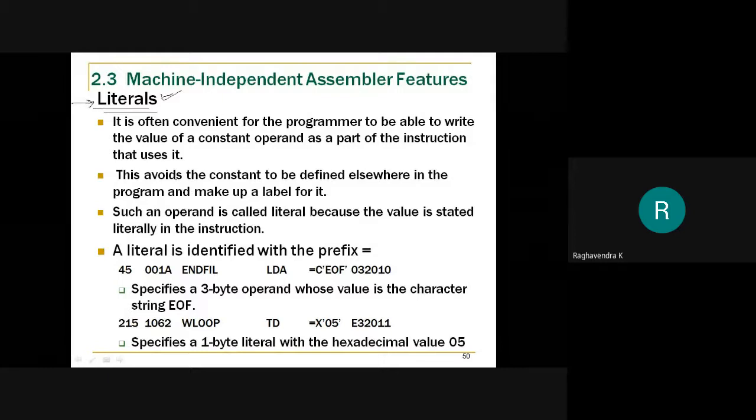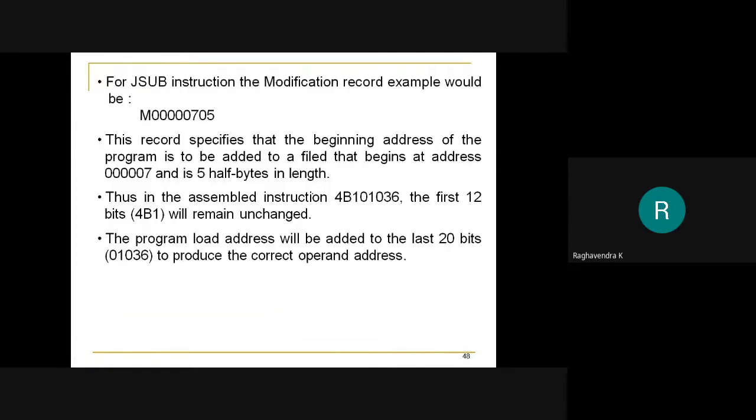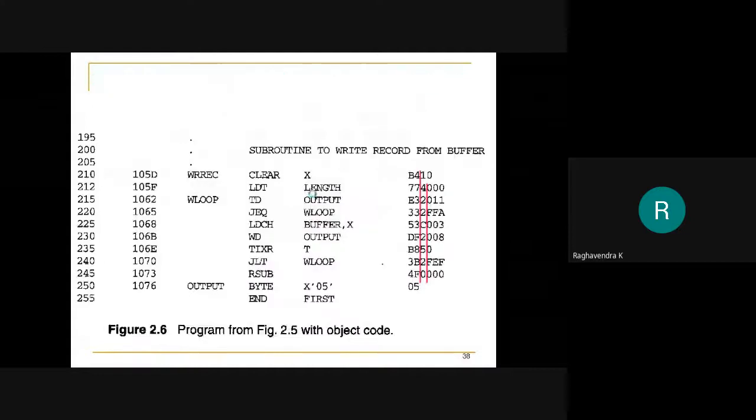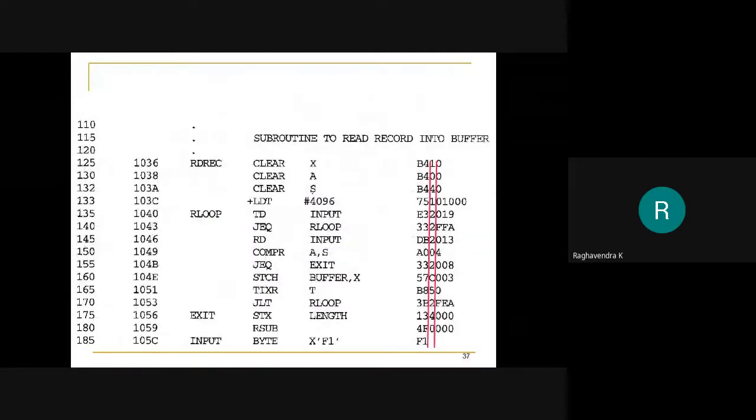The advantage we get here is that this avoids the constant being defined elsewhere in the program and you having to create a label for it. Let us observe what constants we have used in our program. In the previous program, we have defined labels for certain constants.